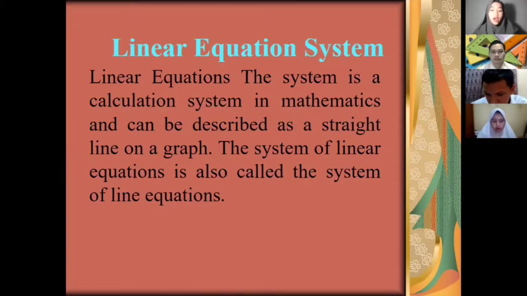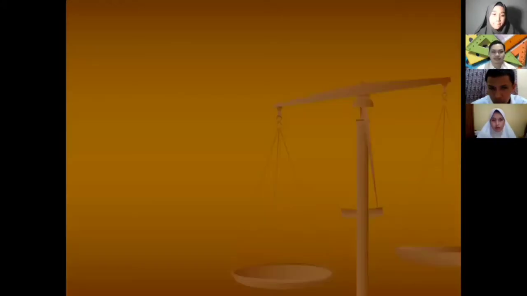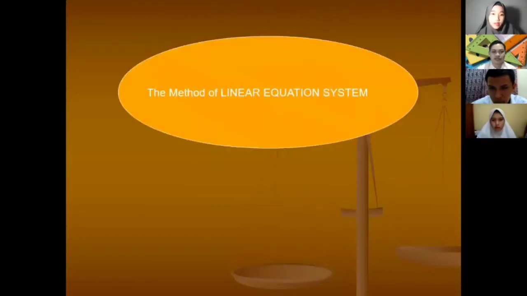Okay, now I will explain about linear equations. A linear equation system is a calculation system in mathematics and can be described as a straight line on a graph. The system of linear equations is also called the system of line equations. Now, the methods of linear equation systems.